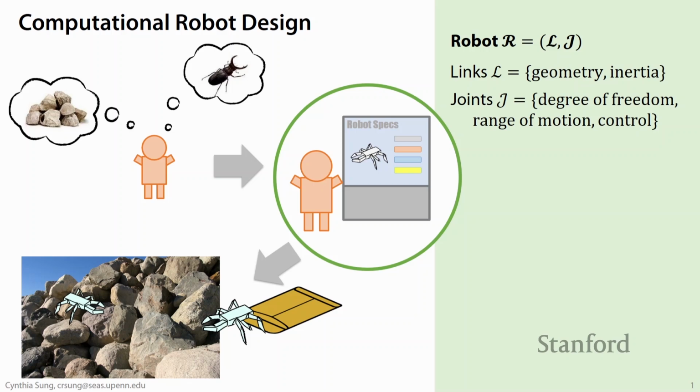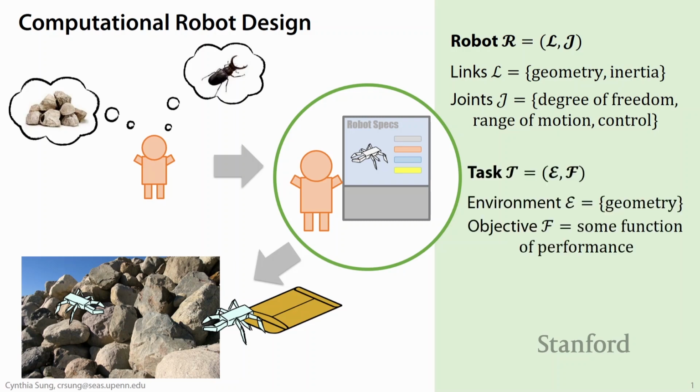So the links include geometry, inertia, other properties corresponding to the robot's physical parts that take up volume, right? And then the joints describe degrees of freedom, ranges of motion, control, etc., right? And so the robot, when we're thinking about it, is a graph that contains these parts, right?